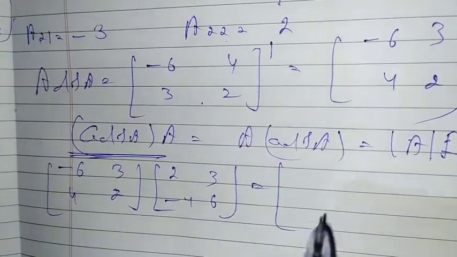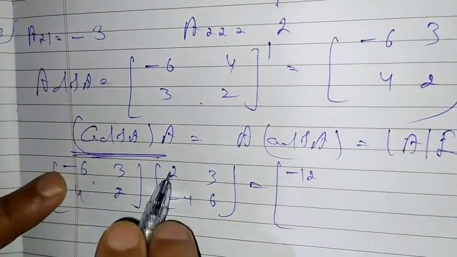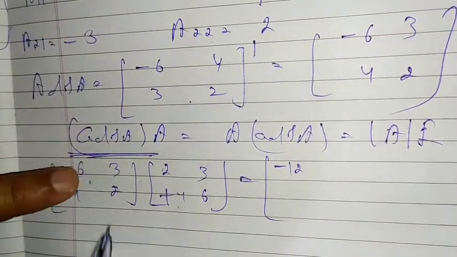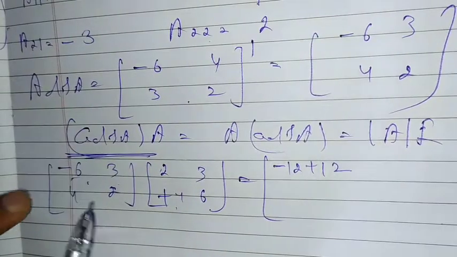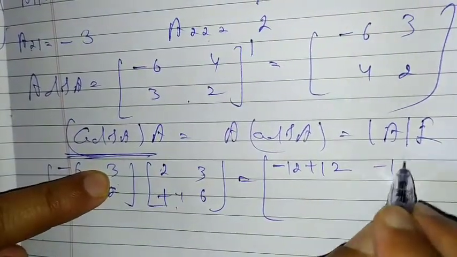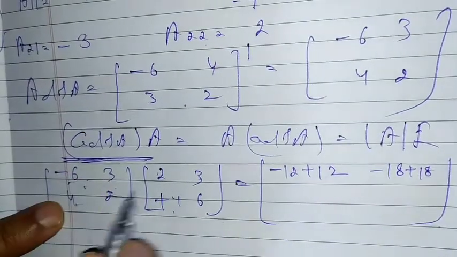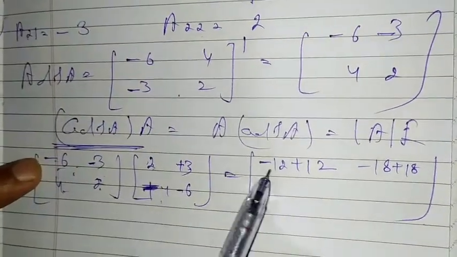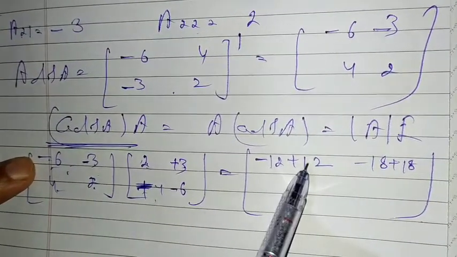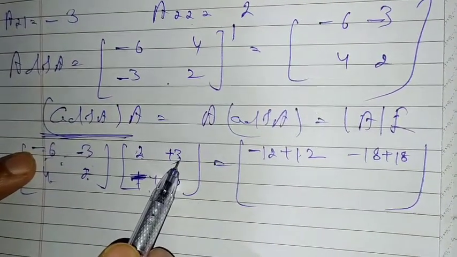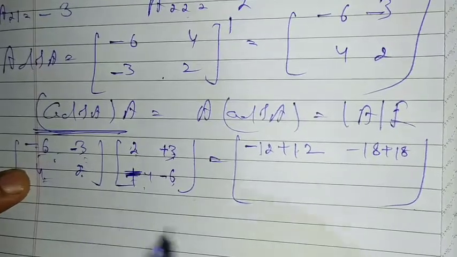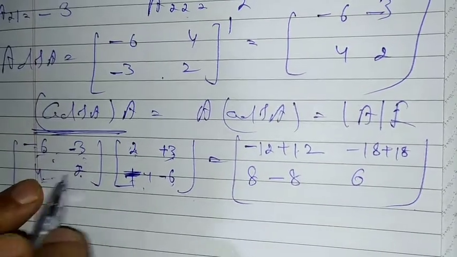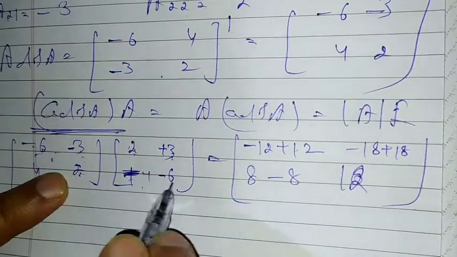We multiply this: minus 12 plus 12, minus 18 plus 18, 8 minus 8, 6 minus 6, 12 minus 12.